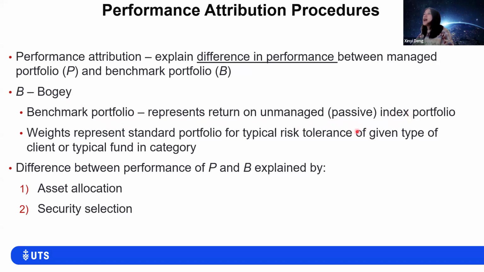And when we are implementing such a method, we try to explain the difference in the performance of those two portfolios by examining the quality of the asset allocation decisions and the security selection decisions.